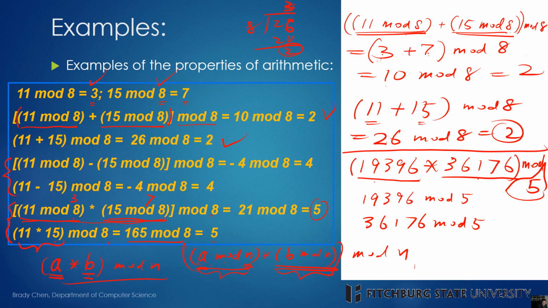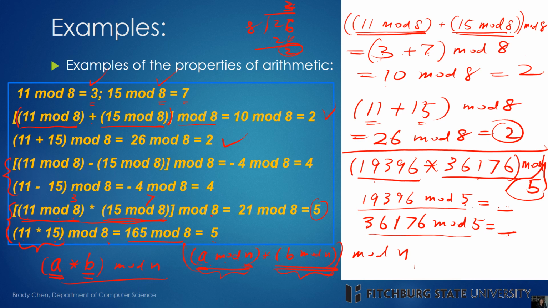We get the remainder when I divide 19,396 by 5, and the remainder should be somewhere between 0 and 4, right? And then we divide 36,176 by 5, and we get a remainder. These two remainders are very small, and this division is relatively small, right?